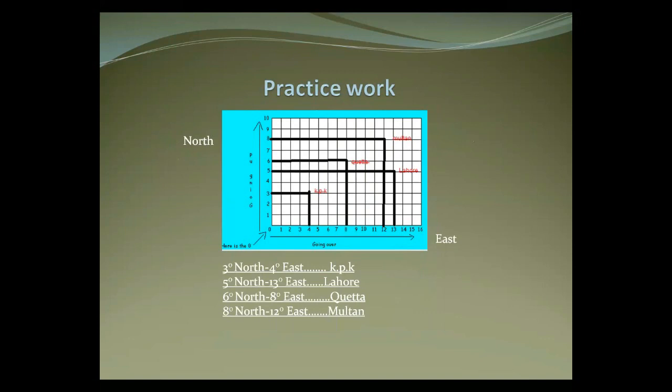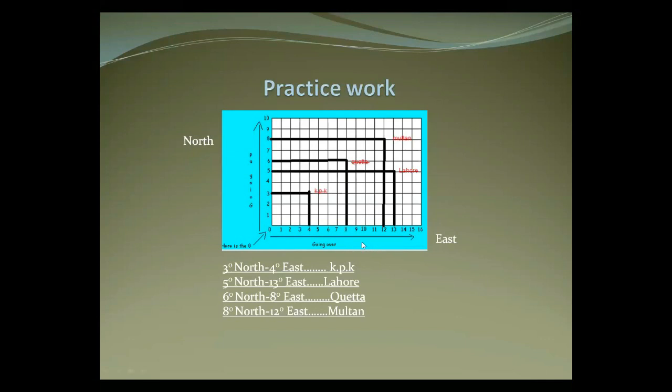As we have discussed today and yesterday, the vertical lines are called the lines of longitude, traveling from north to south. And the horizontal lines, which travel from east to west, are called the lines of latitude.